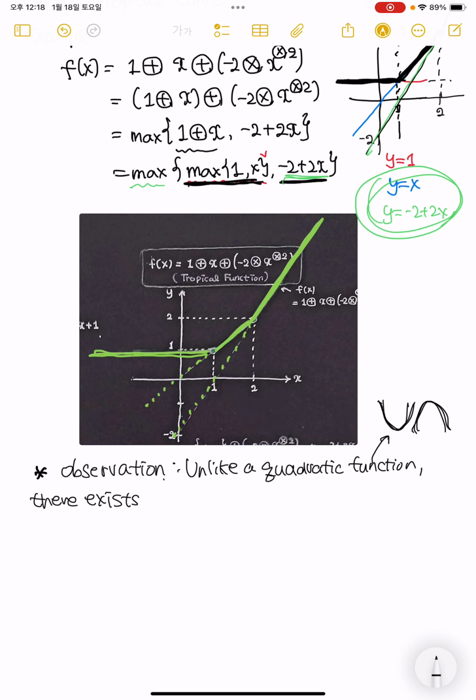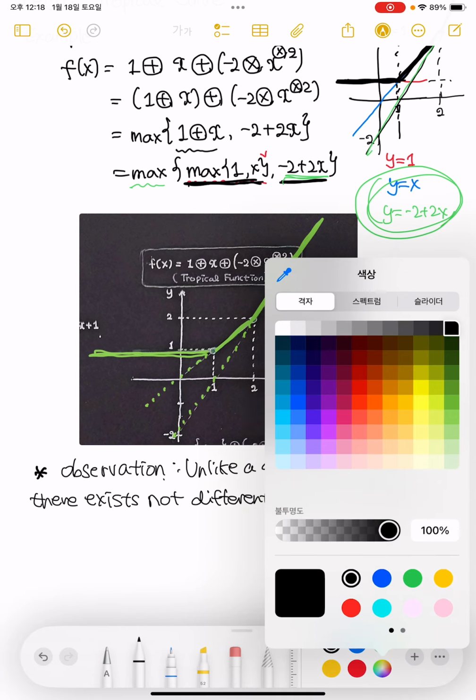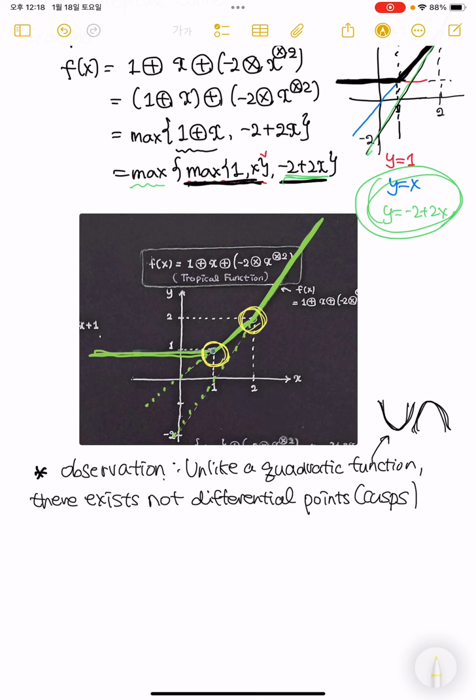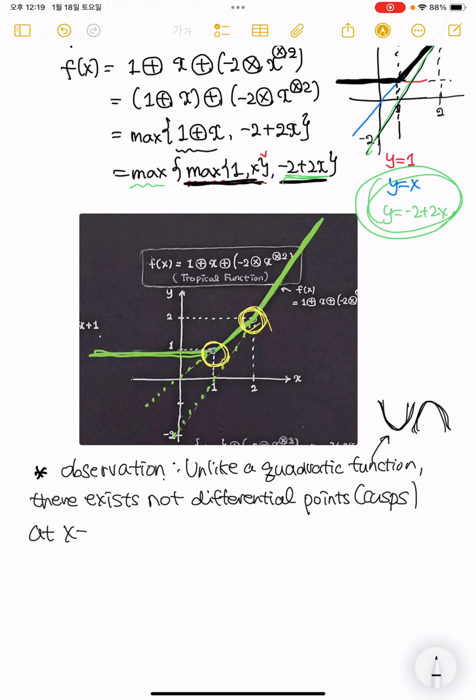Here, there exist non-differentiable points, so-called cusps. What are cusps? This part, precisely at x equal to 1 and x equal to 2.